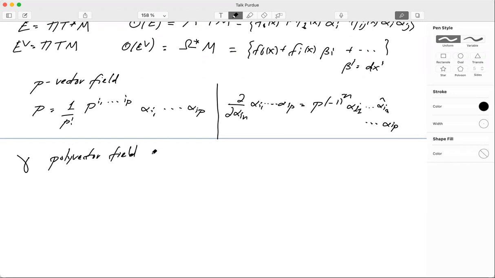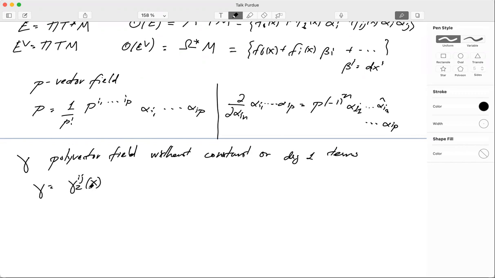Polyvector field, and let's say for simplicity that it has no constant or degree 1 terms. So it starts in degree 2, and so in degree 2 is gamma 2 ij.